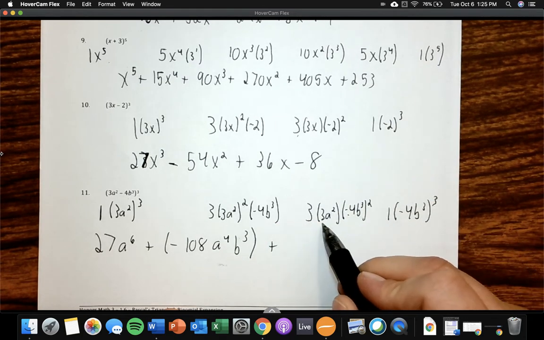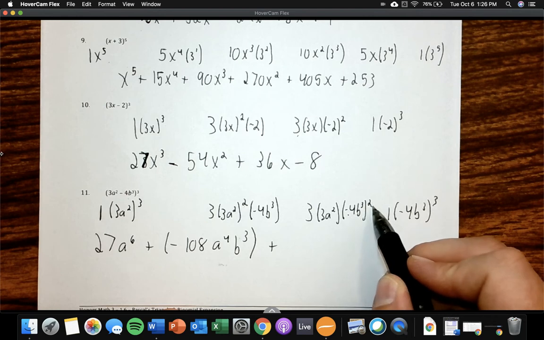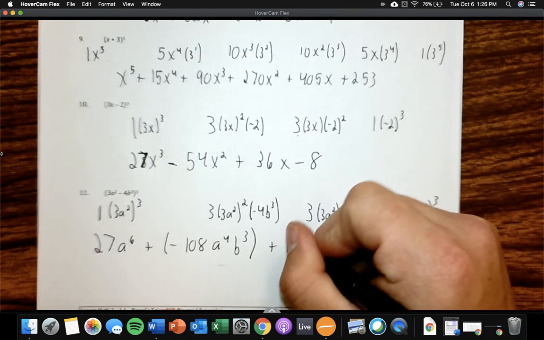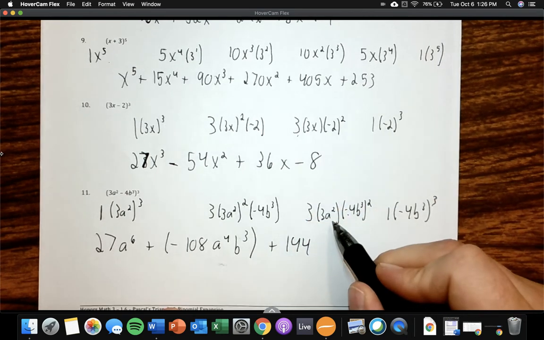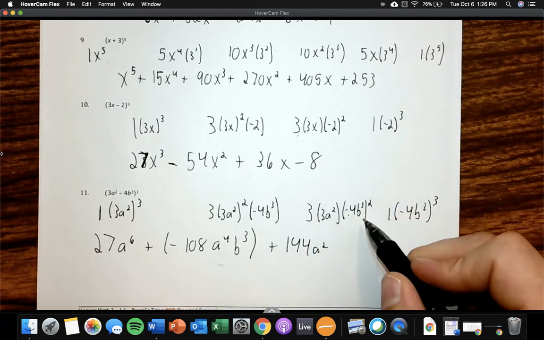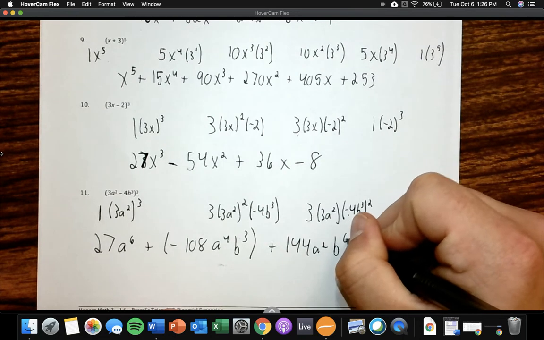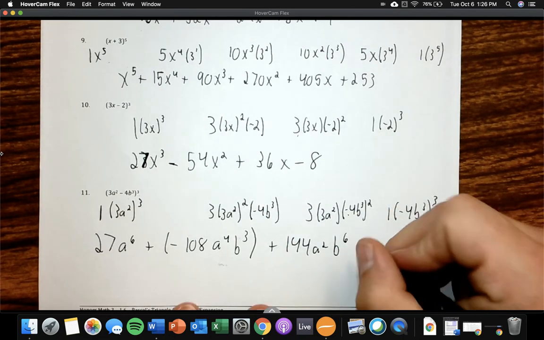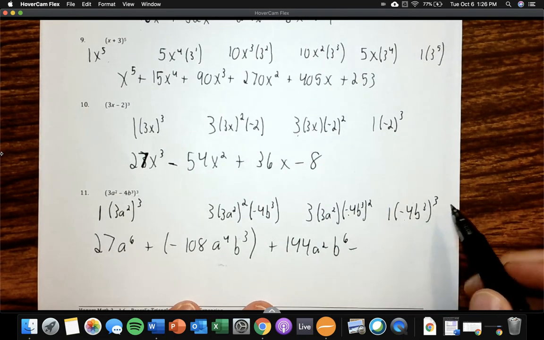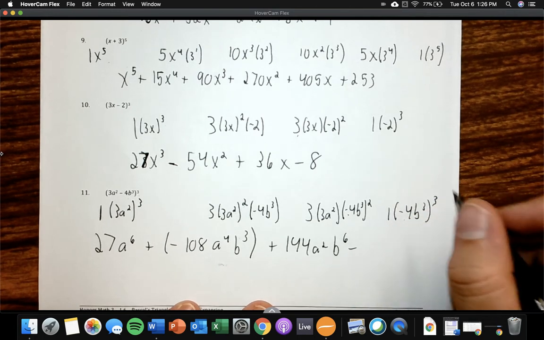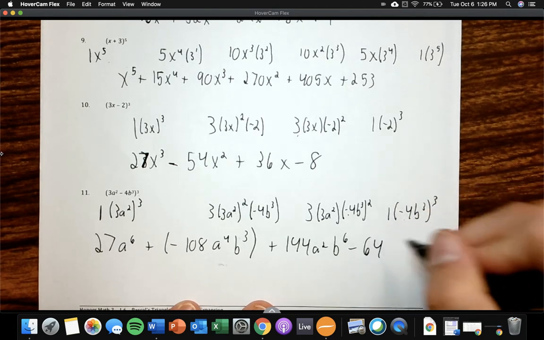So it's going to be 3 times 3 times negative 4 squared, which ends up being 144, times a squared. And then because we have this b cubed raised to the second power, it's going to be b to the 6th. Minus negative 4 raised to the third power is negative 64.